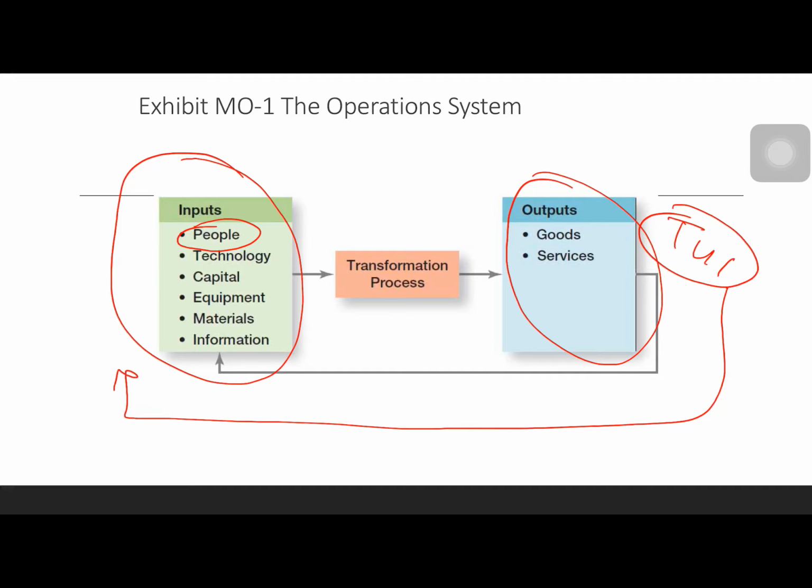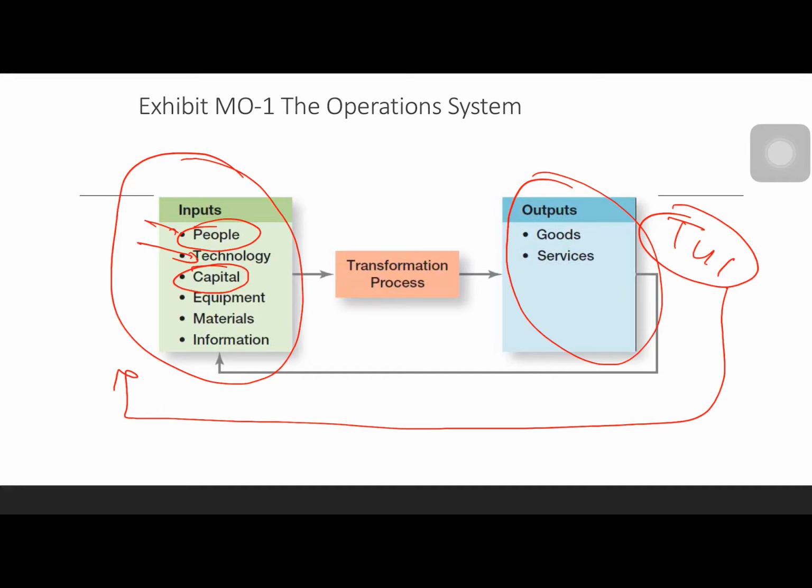In order to offer these services, they have their people, employees. They have the technology. I know TUI or Thomas Cook uses virtual reality technology to show what exactly a customer can benefit from by visiting a specific destination.